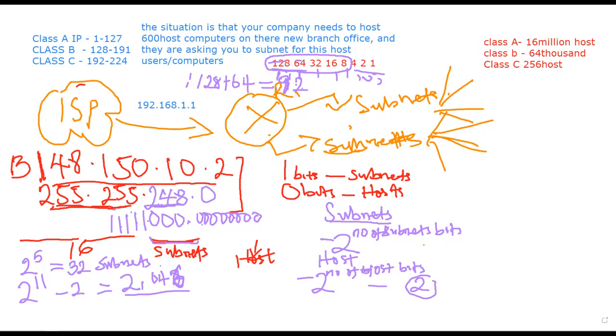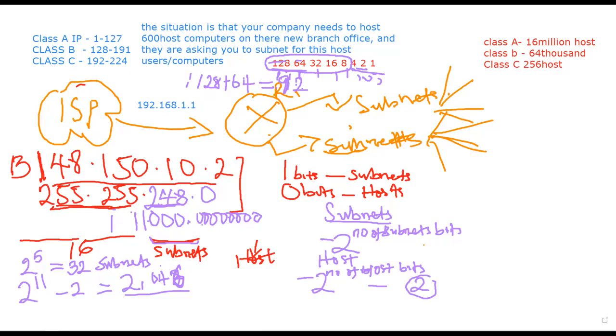If we add 4 to 248, that is already 252. 252 plus 2 will be 254. That's perfect.